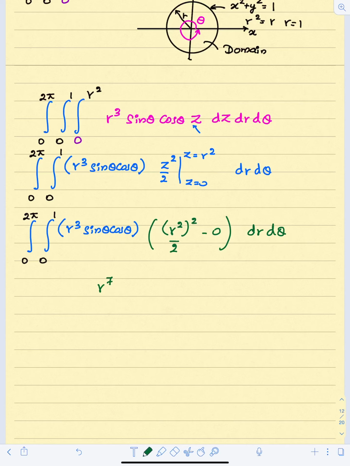So basically you have r to the power 7 times sine theta cosine theta all over 2, dr d theta.